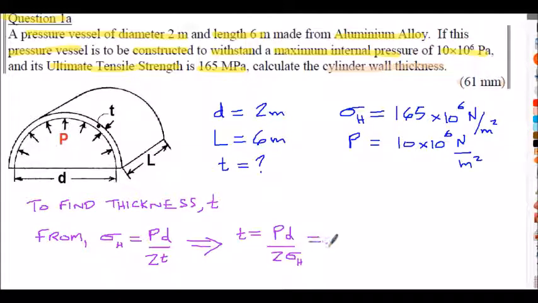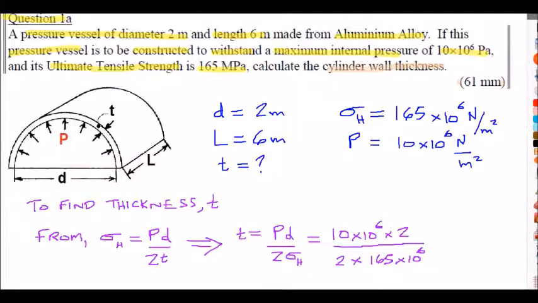Putting our values into the equation, I've got 10 to the 6 multiplied by D, which is 2, all divided by, there's a bit of cancelling here, 2 multiplied by 165 times 10 to the 6.